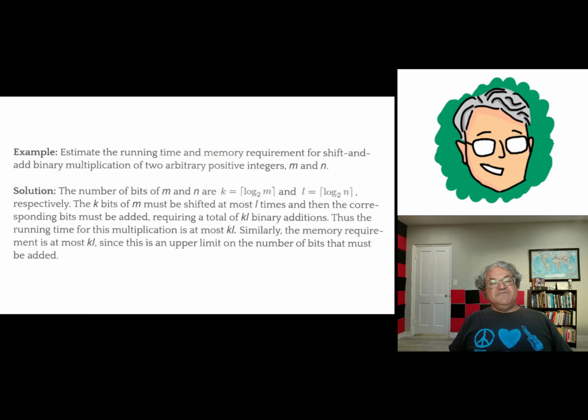There's something called the fast Fourier transform, which is a lot faster. But shift and add is what's called an O of n squared algorithm. If the complexity of your input is n, in this case k, then the running time is going to be proportional to k squared. This is in sharp contrast with addition, where the running time is just proportional to k.